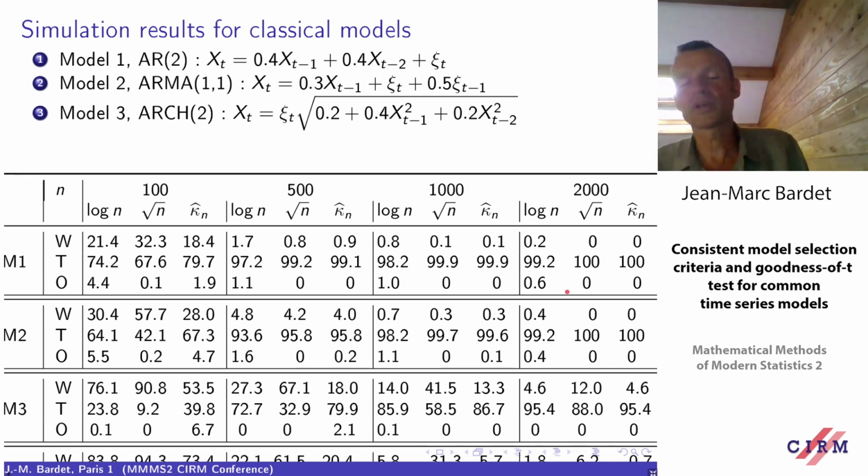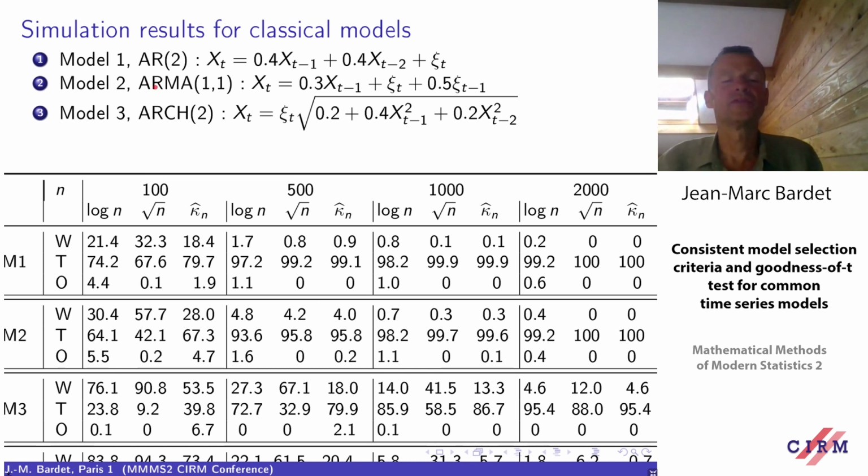So here we can see that finally only the BIC criterion could overfit. The other ones do not overfit.